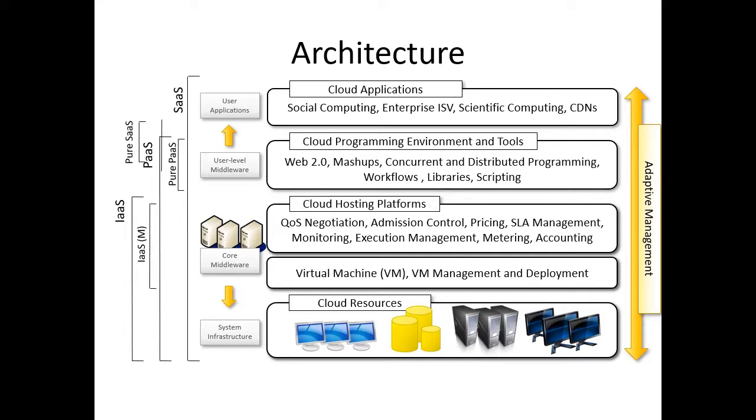The topmost layer of this reference model, as depicted in the figure, contains services delivered at the application level. These are mostly referred to as software as a service. In most cases, these are web applications that rely on the cloud to provide services to the end users. In short, the categories of clouds are infrastructure as a service, platform as a service, and software as a service.